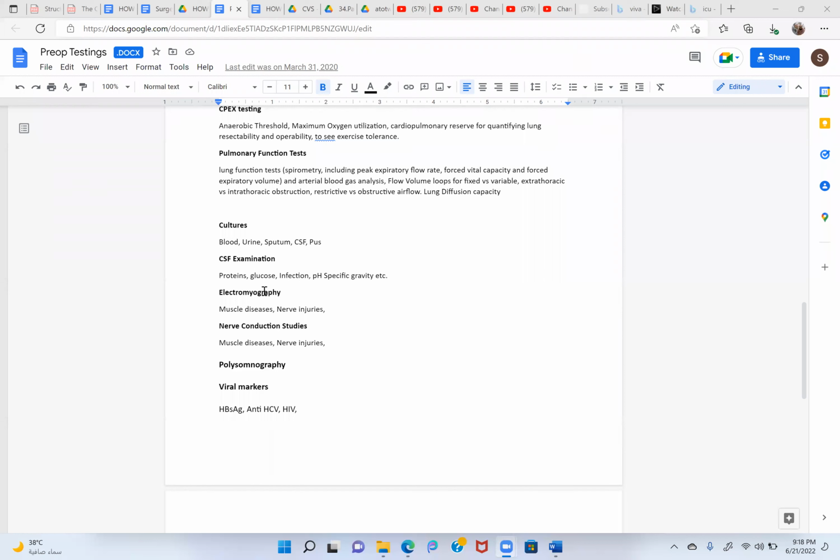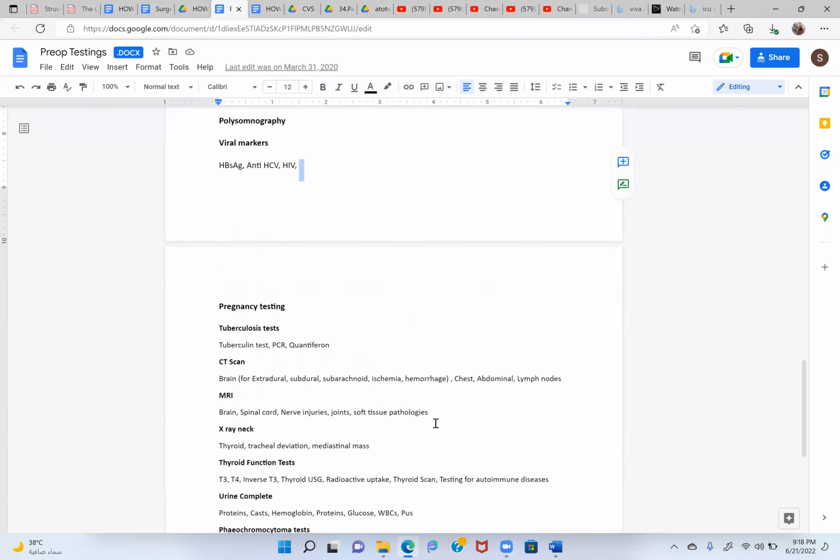And if you have a problem with the muscles, you will be doing nerve conduction studies, to see whether muscles are not functioning or nerves are not conducting. And polysomnography you do in obese patients. And then viral markers: you do hepatitis B, hepatitis C, HIV.